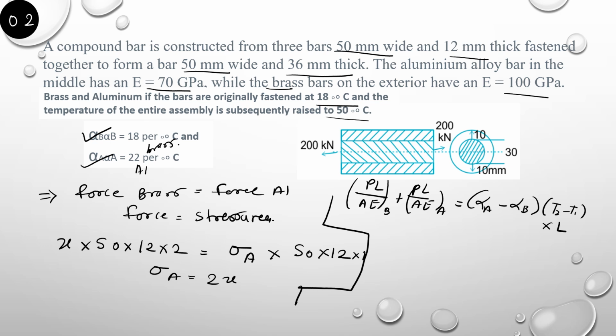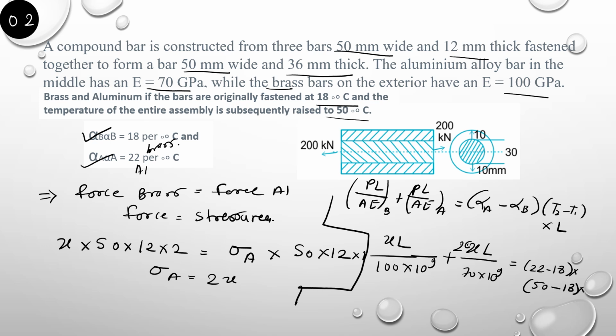Here P by A is nothing but stress. So stress is x for brass, then L, then E is 100 for the brass, so take 100, and for giga take 10 raised to 9, plus 2x as sigma A into L divided by 70 into 10 raised to 9, equal to alpha A, meaning the coefficient of thermal expansion for the aluminium is 22 minus 18 for brass, then into the temperature 50 minus 18, into that length.